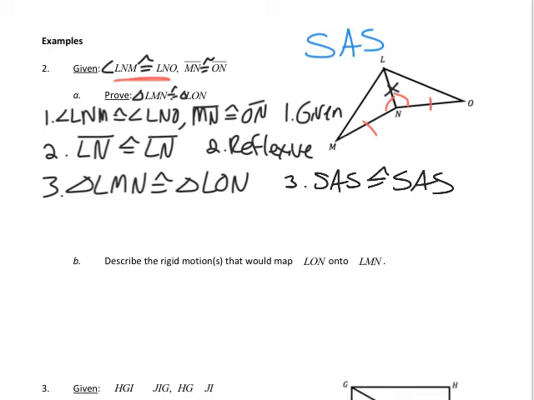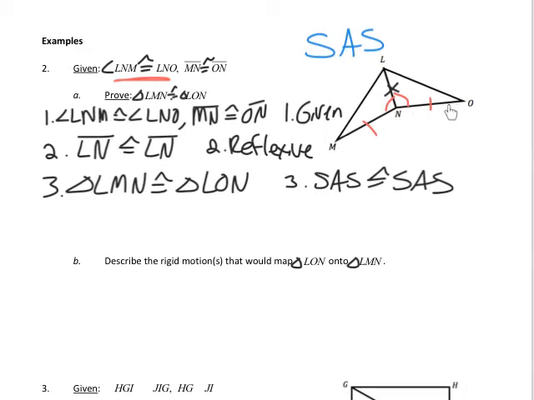That wasn't too bad. Down here, describe the rigid motions that would map triangle LON onto triangle LMN. Well, let's look. LON, if I'm going to map that, they already have a shared congruent side. So it's one step. I'm going to reflect the triangle over LN.